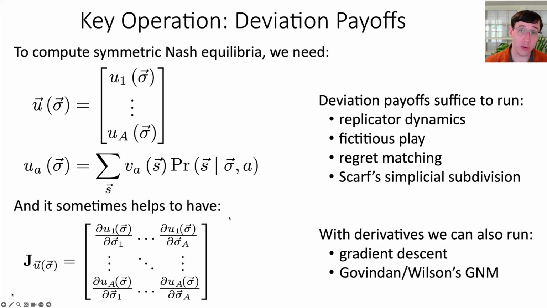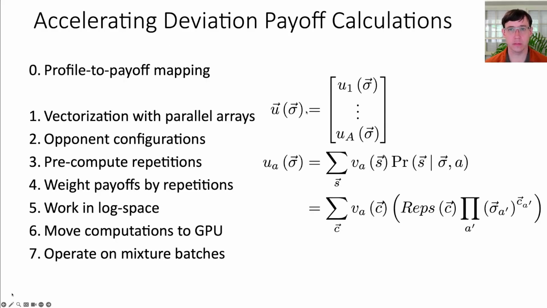And if we can also calculate the partial derivatives of the deviation payoffs, we can run additional Nash algorithms. So in this paper, we present a number of data structure optimizations that each help to accelerate the deviation payoff calculations, and the total effect of all of these optimizations is a very large speedup in Nash equilibrium computation.